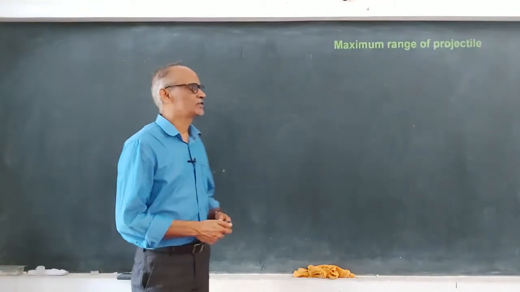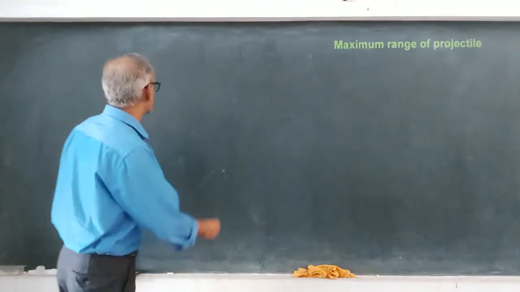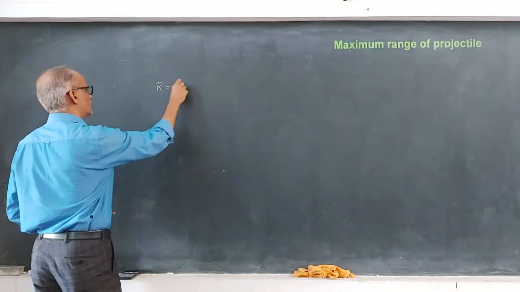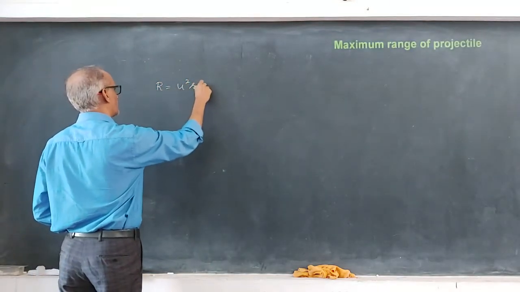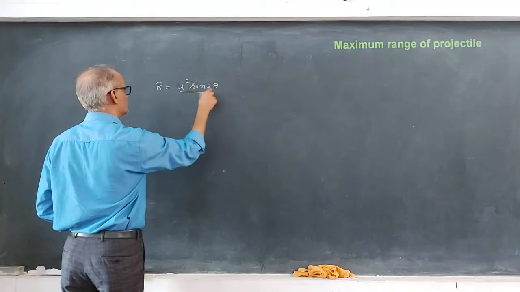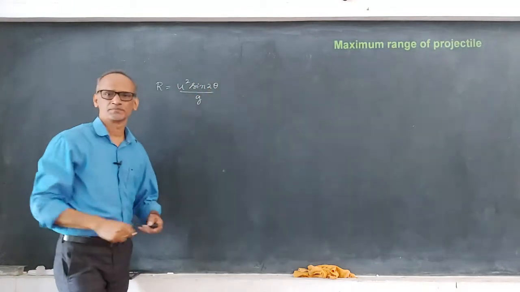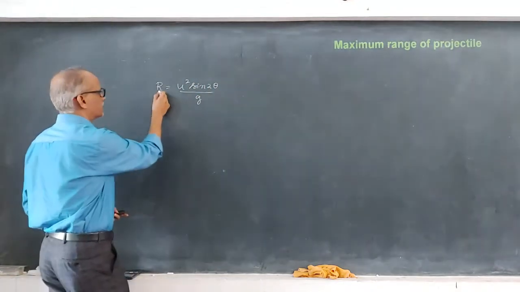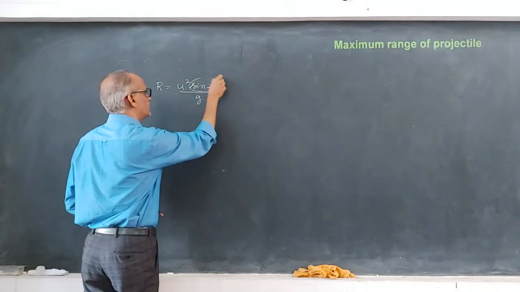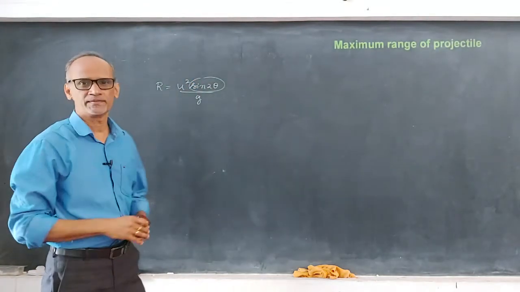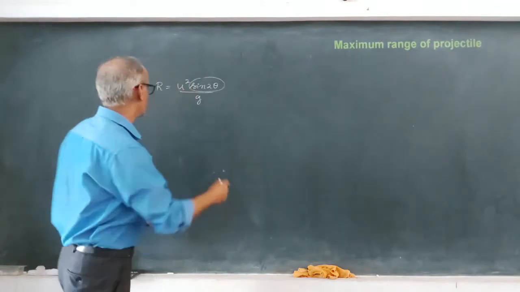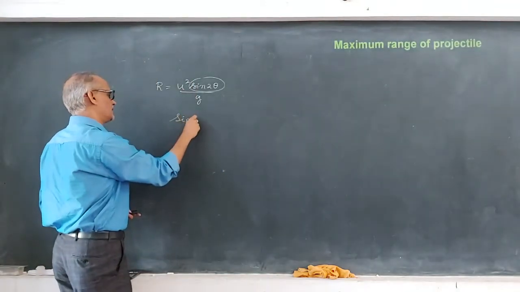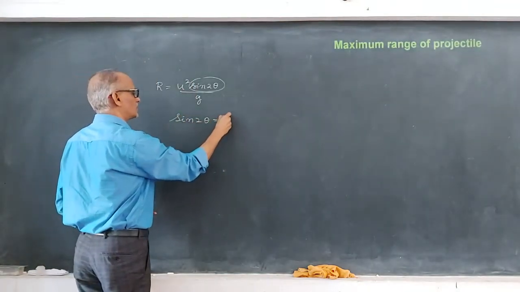Maximum range of the projectile. r is equal to u square sin 2 theta by g. This is the formula for the range, and r depends on the sine function, and the maximum value of the sine function is equal to 1.